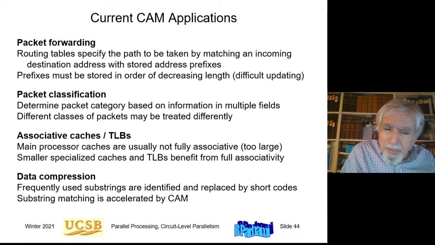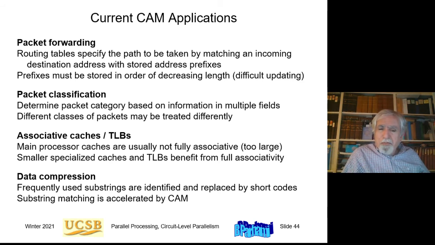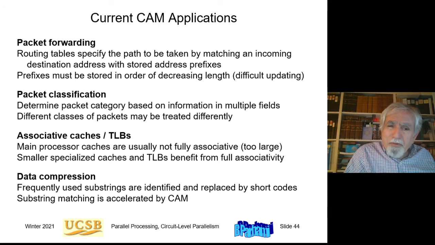Whenever an address tag is generated, we have to check the TLB to see if the translation associated with that virtual tag has been performed recently, in which case we avoid the slow, lengthy translation process by just reading out from the table the translated physical address. Again, because on every memory access the TLB is consulted, we have to make it fast. Therefore, we need to do parallel searching.